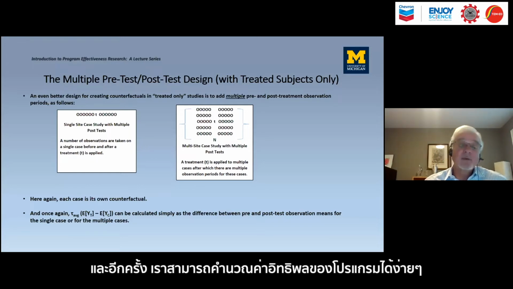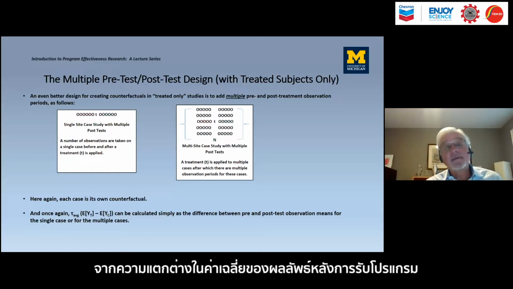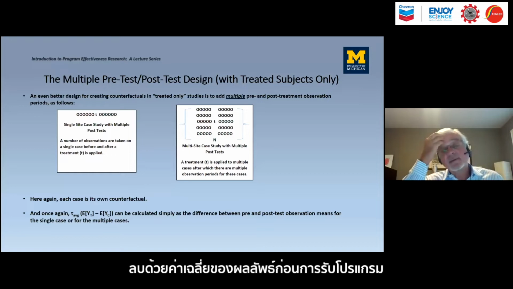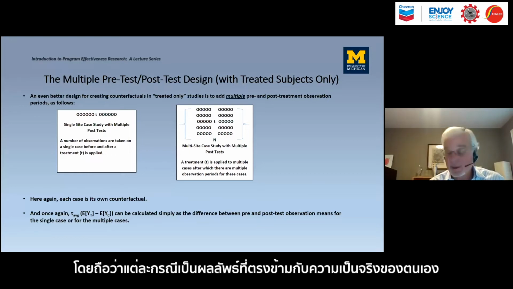And once again, we can calculate the treatment effect as simply the difference in average outcomes after treatment minus average outcomes before treatment, where each case is thought to be its own counterfactual.